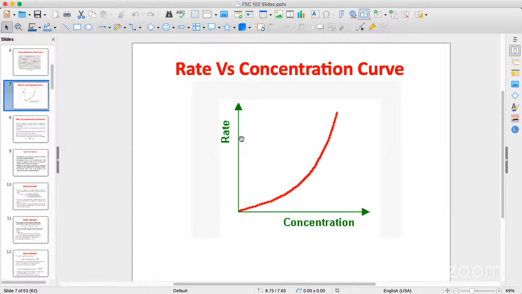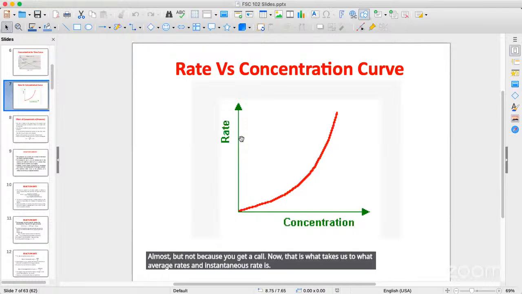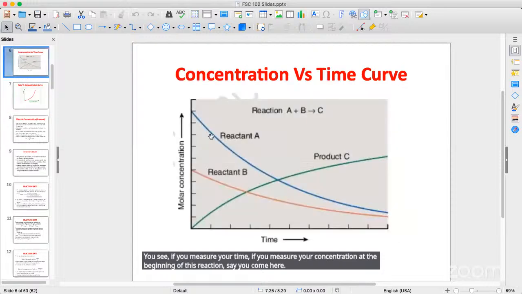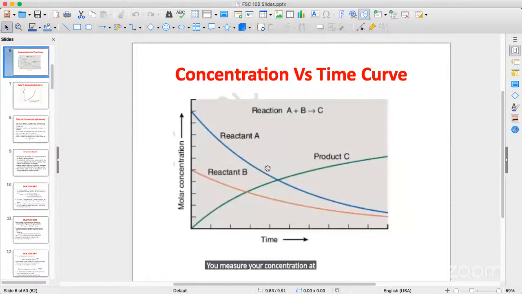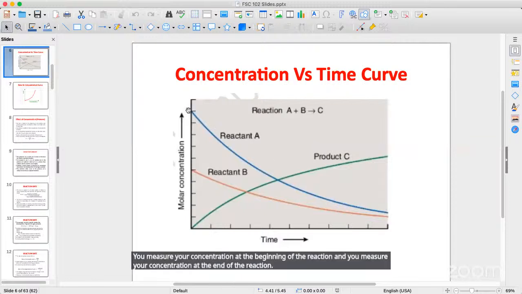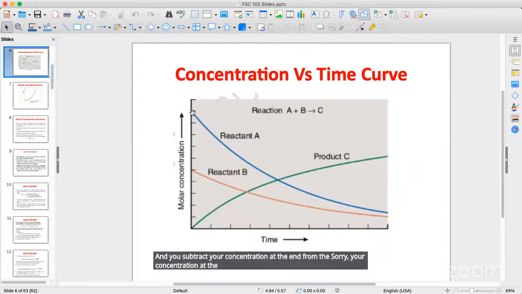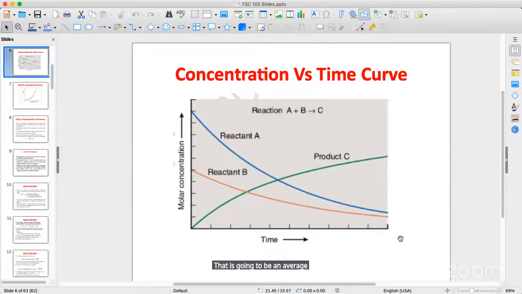Now, that is what takes us to what average rate and instantaneous rate is. You see, if you measure your concentration at the beginning of this reaction, and you measure your concentration at the end of the reaction, and you subtract your concentration at the beginning from your concentration at the end, and you divide by time, that is going to be an average rate of that reaction.